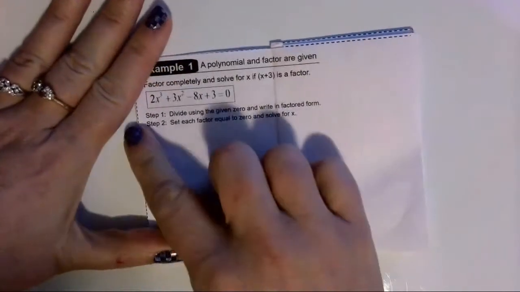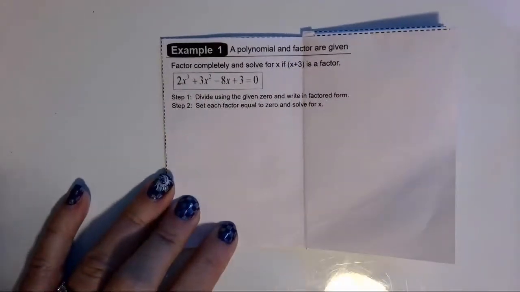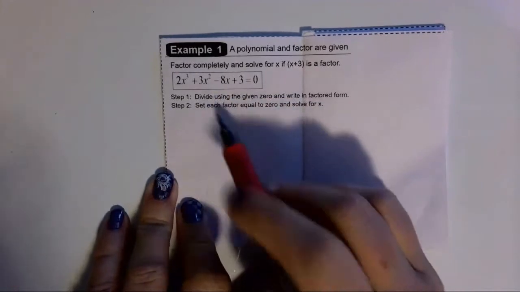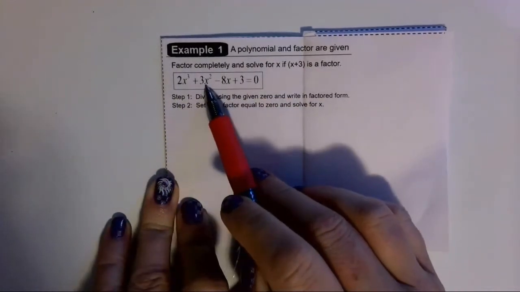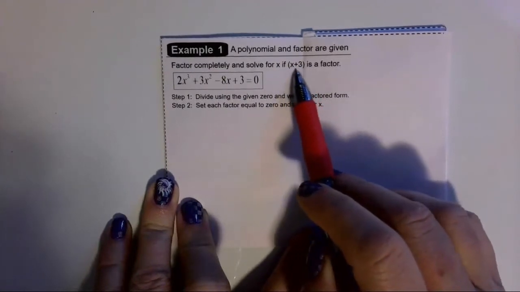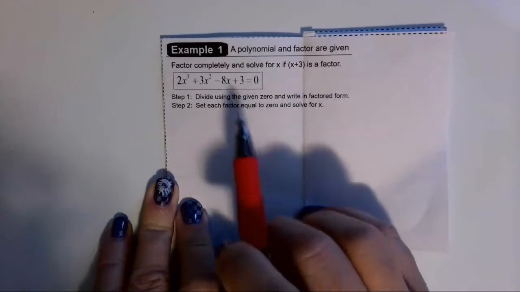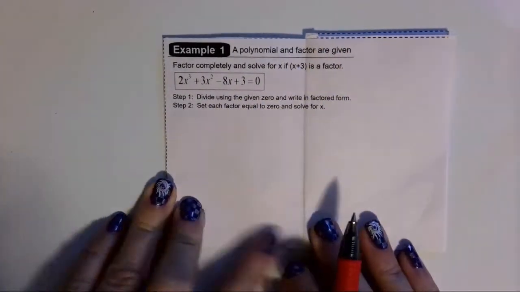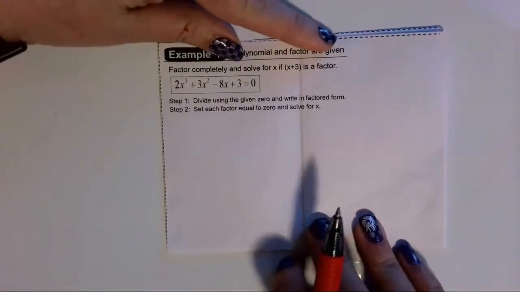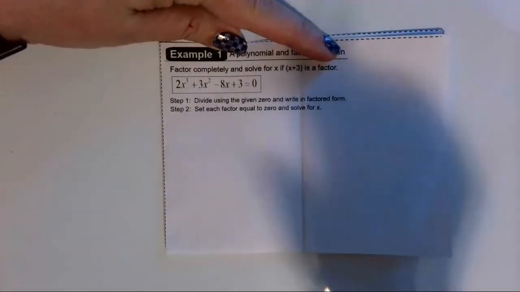So in example 1, here we have a polynomial and a factor that are given. Our polynomial is 2x cubed plus 3x squared minus 8x plus 3, and the factor that's given is x plus 3. So first we're going to divide using the given 0 to rewrite this polynomial in completely factored form.